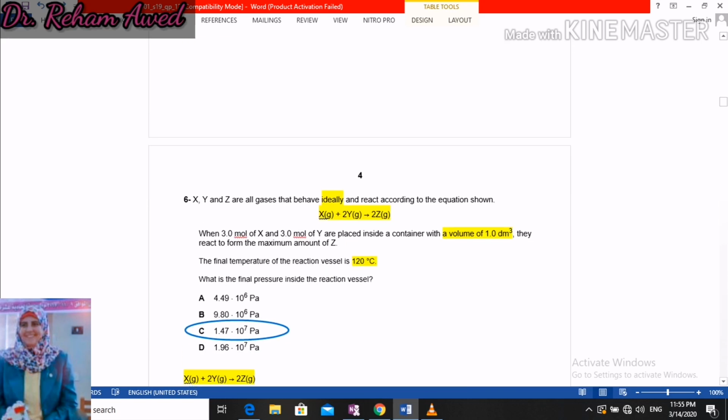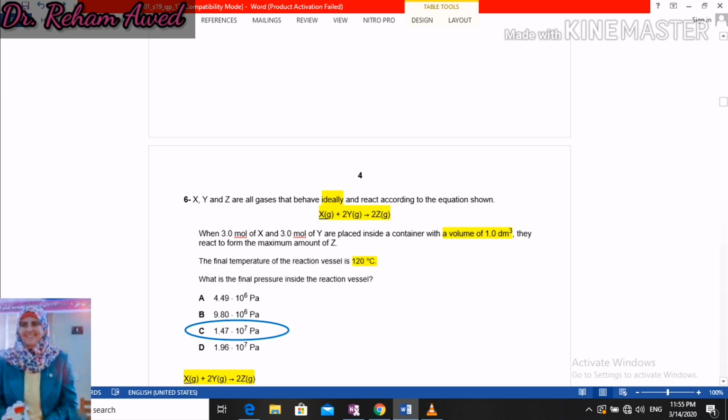Question 5. We have X, Y, and Z, which are all gases that behave ideally and react according to the following equation: X gas plus 2Y gas will form 2Z gas.